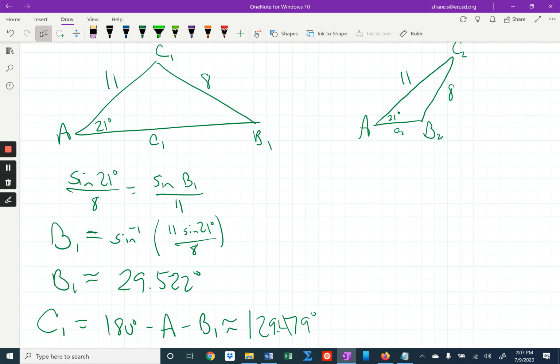For the second triangle, B sub 2, remember, is supplementary to B sub 1. So B sub 2 is going to be 180 minus B sub 1.